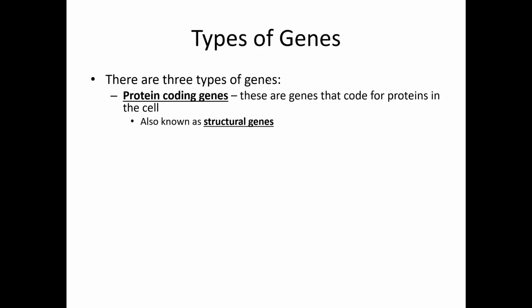The reason they're called structural genes is that, if you refer back to previous lessons, proteins ultimately form three-dimensional structures, and three-dimensional structures are what give proteins their function. So when you're describing a protein coding gene, you're ultimately describing how the gene creates protein structure. That's how those two terms can be used in a similar way. So these are genes that make proteins based upon the information.